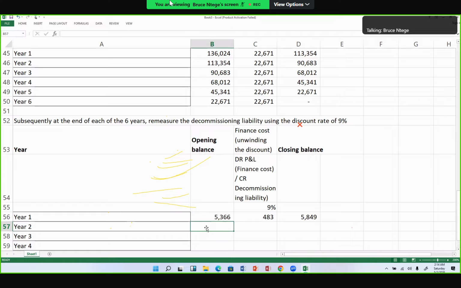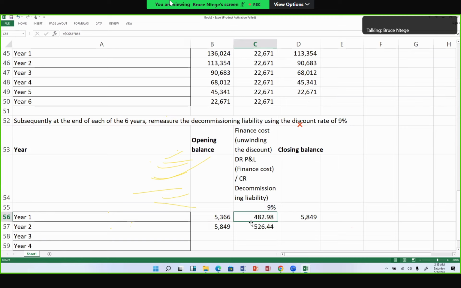So at the start of year 2, I'll bring the figure from last year end, 5849. Then I'll again apply the same formula to say that I need the finance cost related to year 2, which is still going to be 9%.